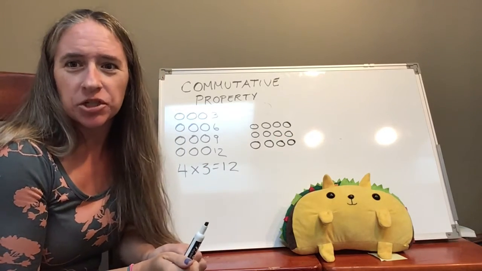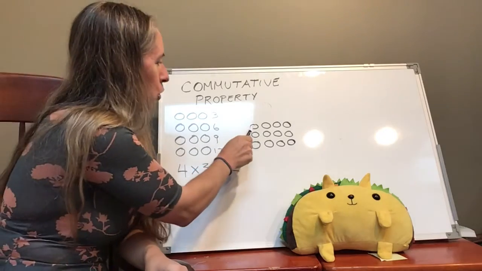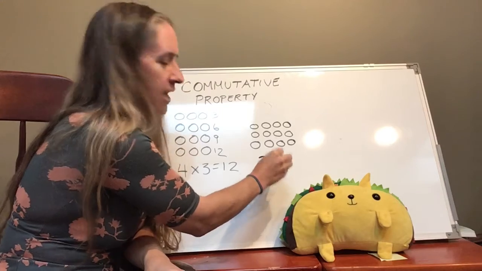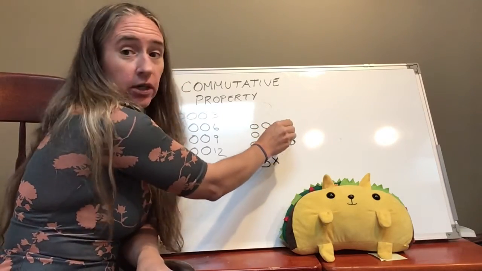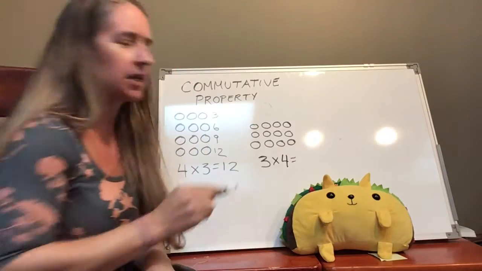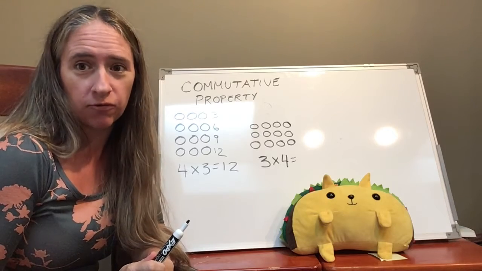All right, let's show our multiplication sentence first. I have 1, 2, 3 rows, and I have 1, 2, 3, 4 in each row. So right now, my multiplication sentence is getting ready to show me 3 times 4.